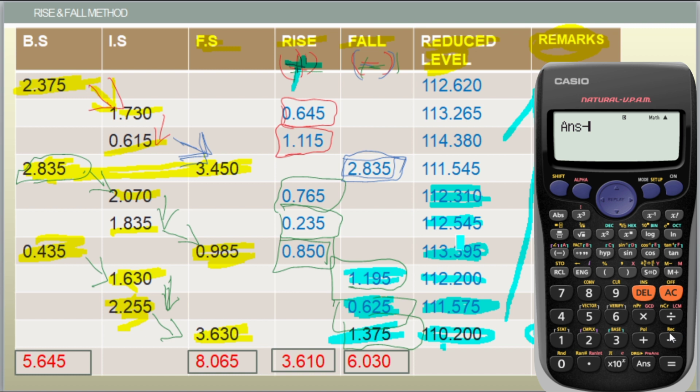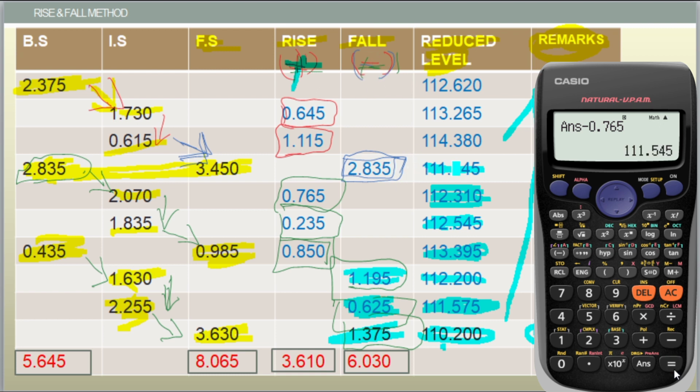Then on our rise, which was the positive, we subtract these values to get the reduced level. So 113 minus 0.85, we get 112.545. We subtract again 0.25, we get 112.3. Again we subtract 0.765, we get 111.545.